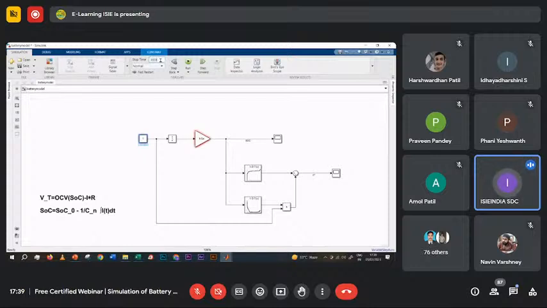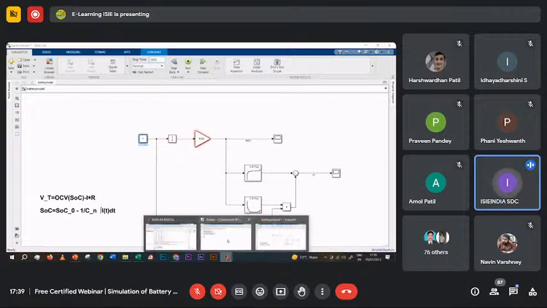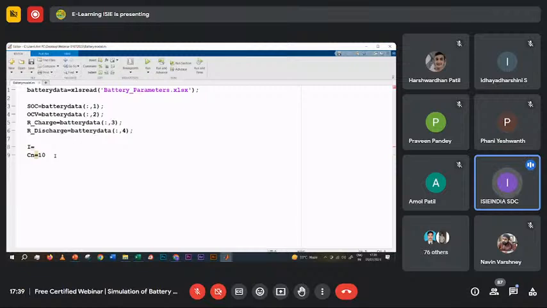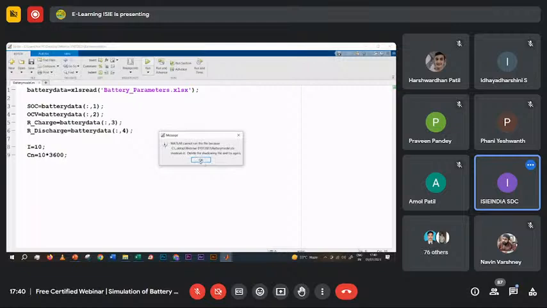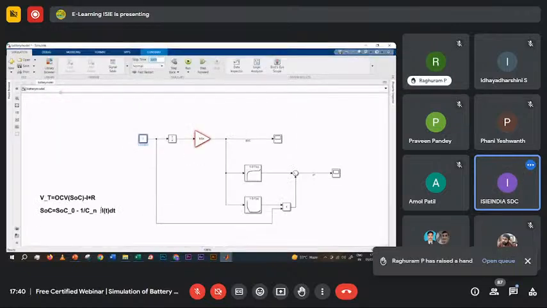I will run this simulation for 1 hour, which is 3600 seconds. Also, I have to convert this 10 Ah from hours into seconds, so I will multiply this 10 with 3600. And my current here is, let's suppose, 10. Sorry, I have to change the name.